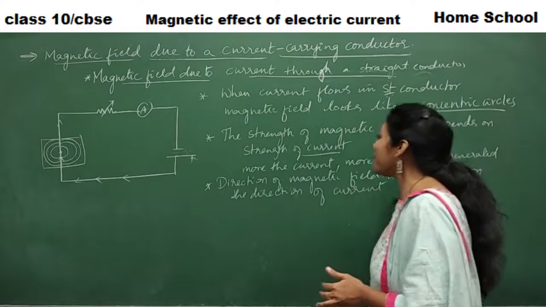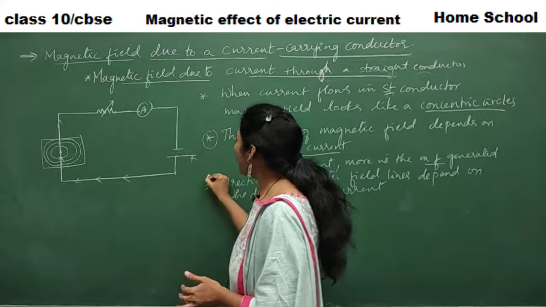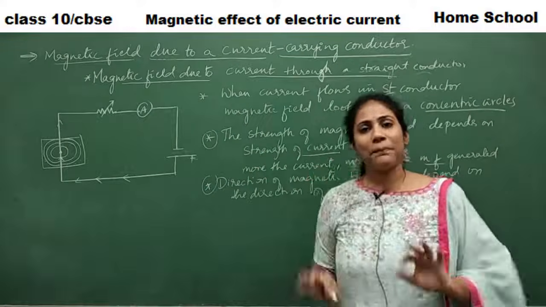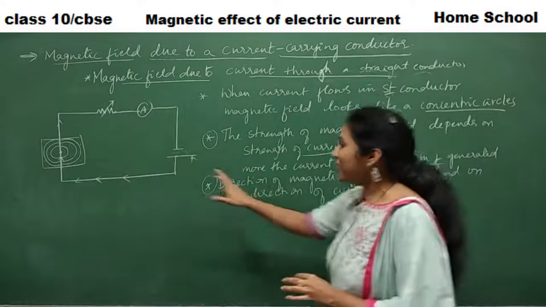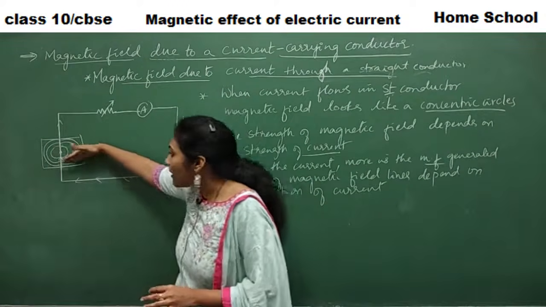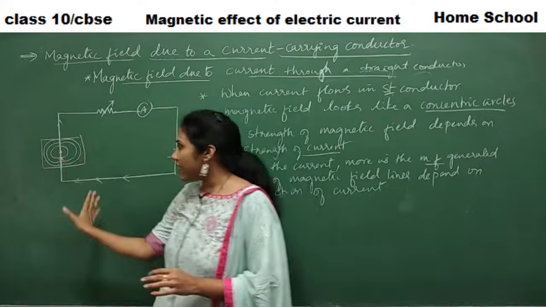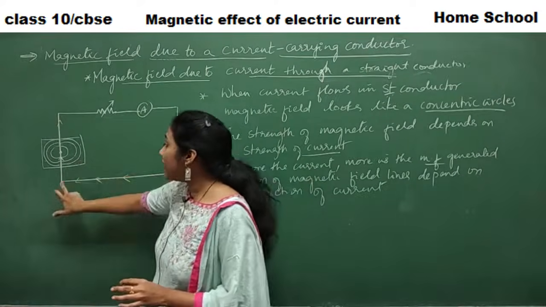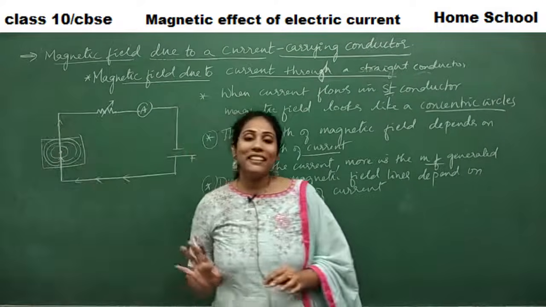You know, these two points are very, very important for the whole chapter. So whether the field lines are moving in a clockwise or anti-clockwise direction depends on the direction of current.